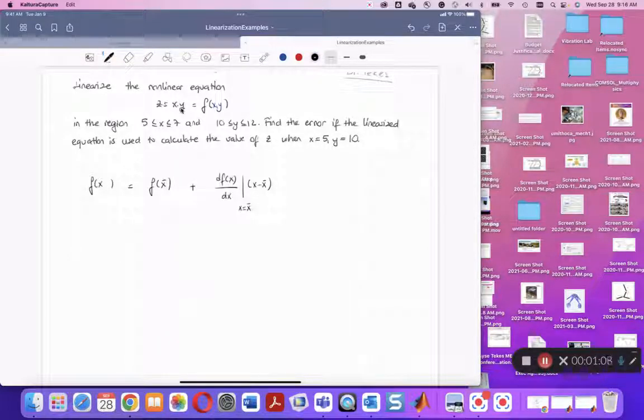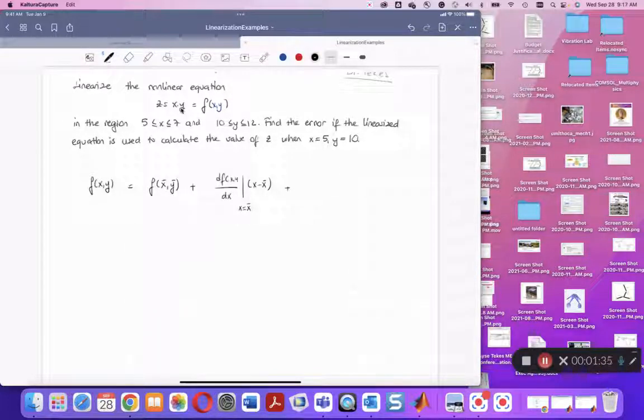But here, since we have a two-variable equation, or your equation depends on two inputs, your function should be written as the function's value at those two points plus df/dx multiplied by x minus x bar, which is your delta x. Then you also have to include the derivative of the function with respect to y, so I have to rewrite these because they are no longer depending on one variable.